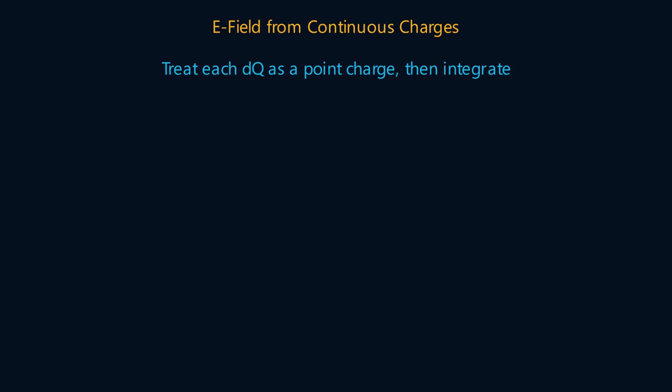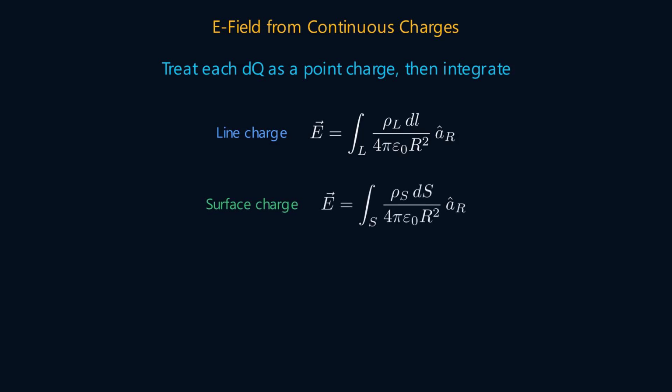Now, to find the electric field from any of these distributions, we use a powerful idea. Treat each tiny piece of charge dq as a point charge. Write its contribution to the field using Coulomb's law. Then integrate over the entire distribution. This gives us three integral formulas.